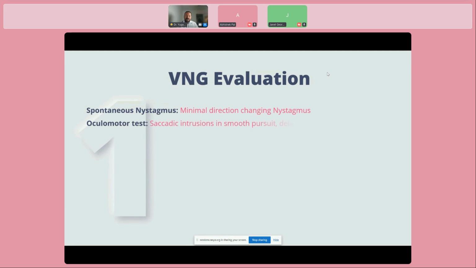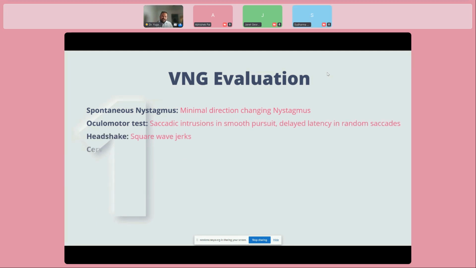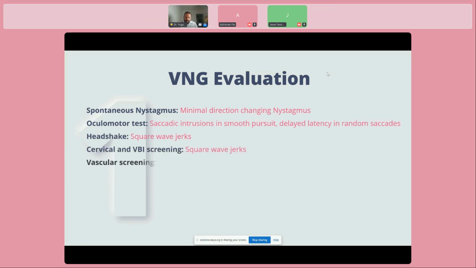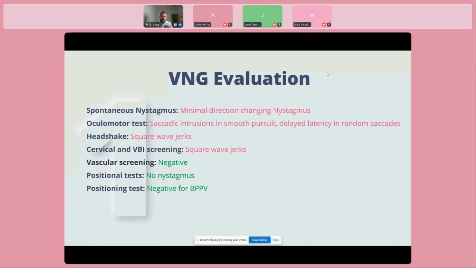The many specialists could not actually help. If any of these physicians had referred this patient to an appropriate audio-vestibular specialist or vestibular audiologist, they would go with a regular VNG evaluation, right? In the VNG evaluation, the spontaneous nystagmus did show abnormal responses, but pay attention. Most of you are confident with the vestibular evaluation, so I'm just going to use some jargon here. Minimal direction-changing nystagmus indicates a possible central indicator, right?